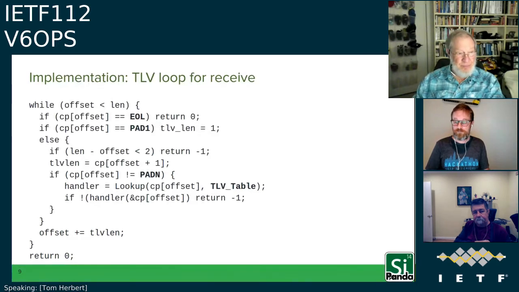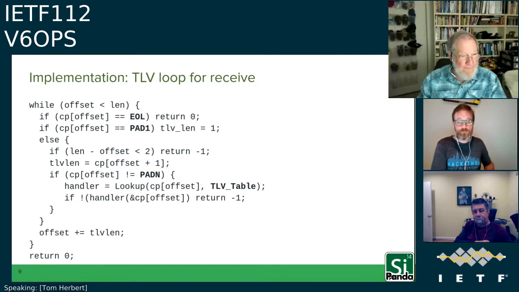If there are 5 TLVs and they're variable length, we have to process the first one, the second one, and the third one if we want to get to the fourth one. So this is why it's a pretty difficult thing. It's really hard to get out of the serialized nature and the variable length nature without specifying that either TLVs have a fixed order or fixed length.